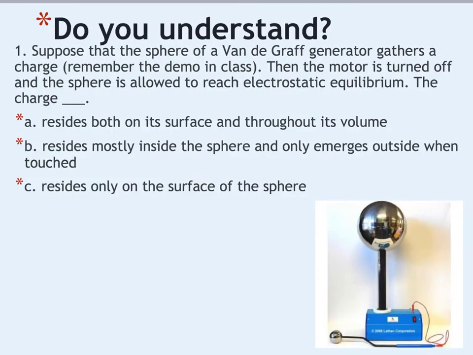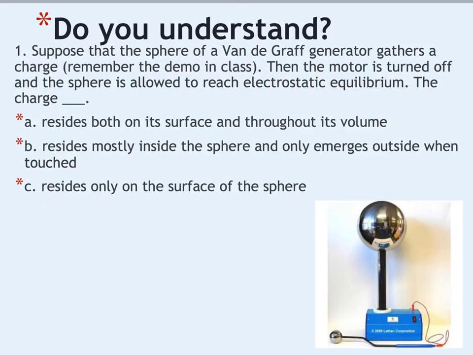Let's make sure you understand, and I've got a question for you here. Suppose that we have a Van de Graaff generator, which was the big ball machine that I did a demo with in class. It gathers a charge, so that charge is on there, and then we're going to turn it off. The charge is still there. It's still a charged thing because we haven't touched it. And it's allowed to reach electrostatic equilibrium, so the charges are not moving anymore.